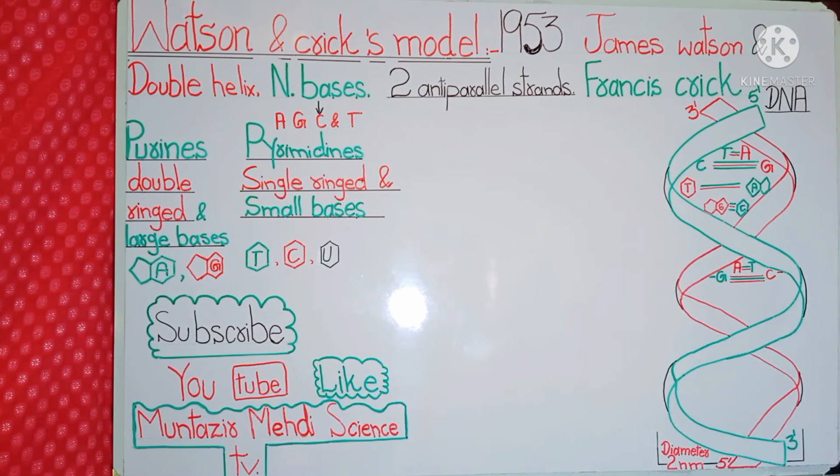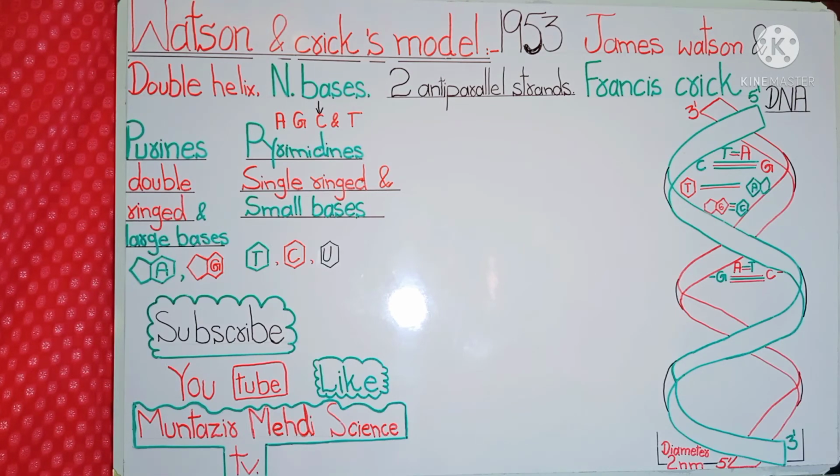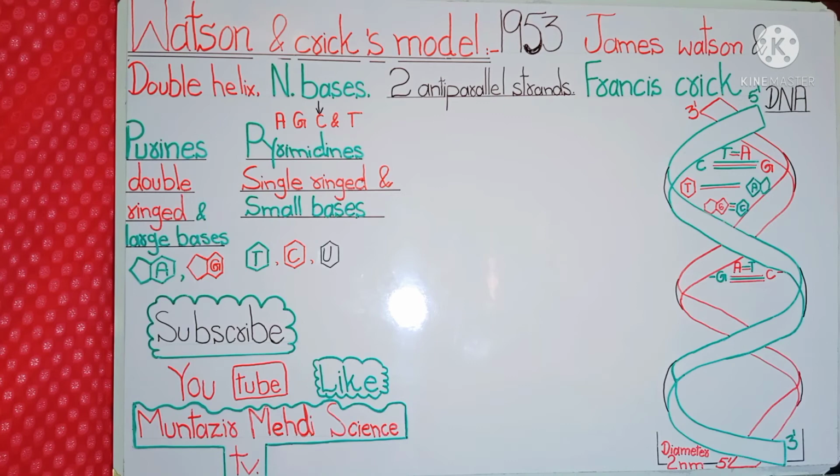Both these strands are antiparallel. Antiparallel means both of the DNA strands run in opposite directions. If one strand runs from 5 prime to 3 prime direction, then the opposite strand will run in 3 prime to 5 prime direction.